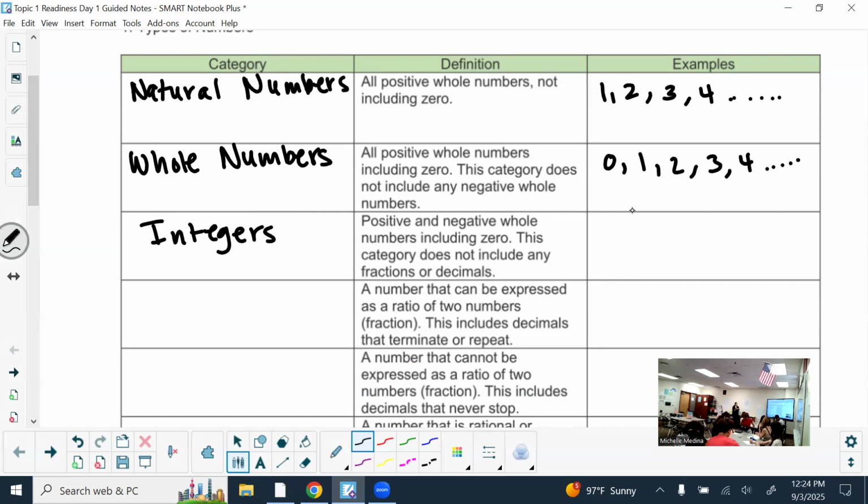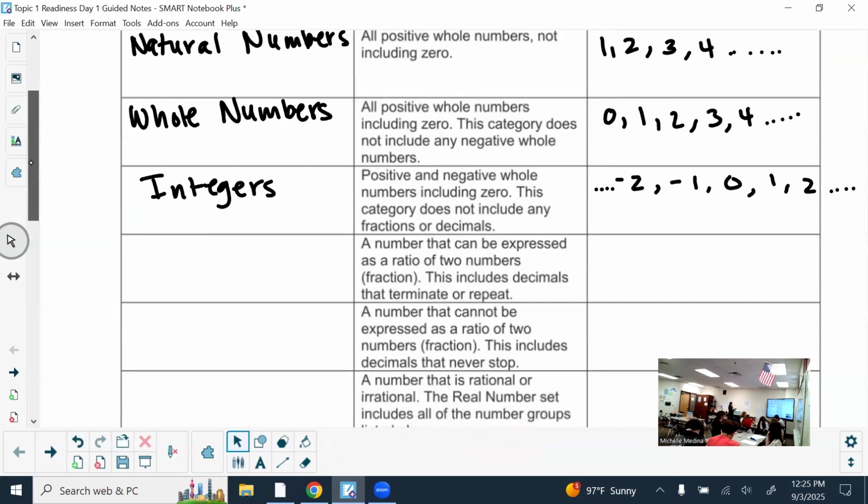So some examples, and you can start really anywhere, but I'm going to start at -2 and end at +2. As long as it's not a decimal or a fraction, it can be positive or negative. It can include 0. Is 0 positive or negative? Okay, good, it's neither. But yes, it does include 0 too. Questions so far? Are we good?